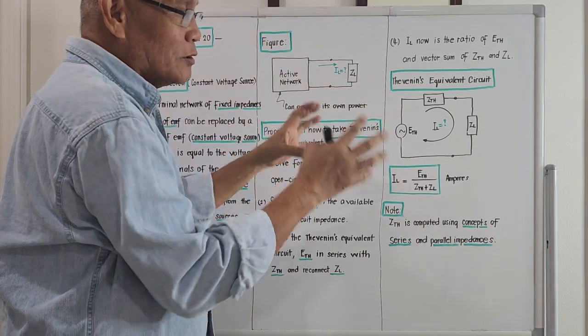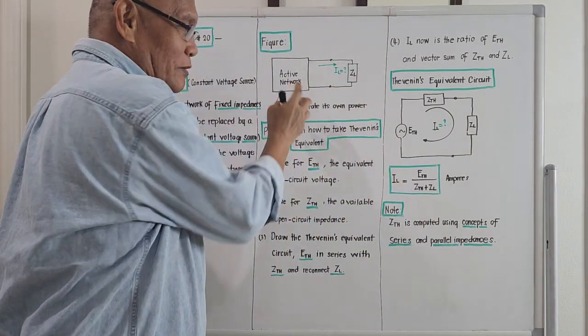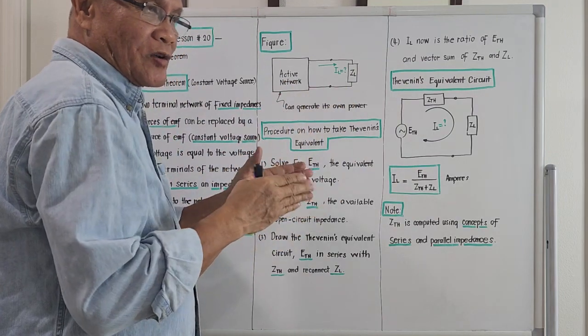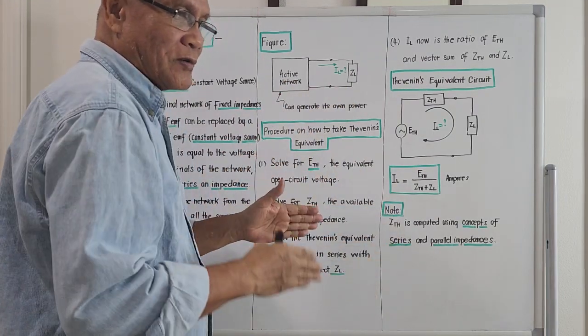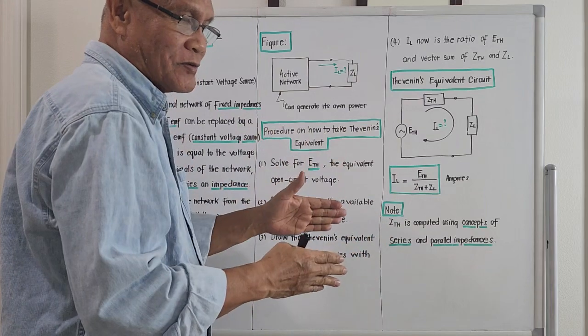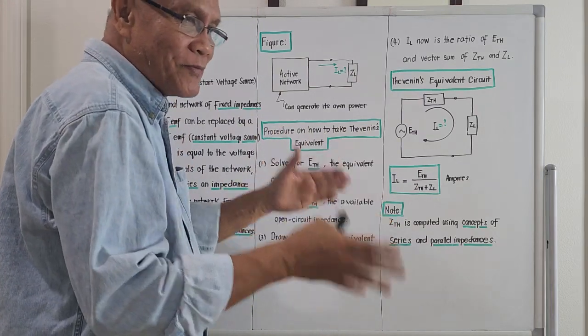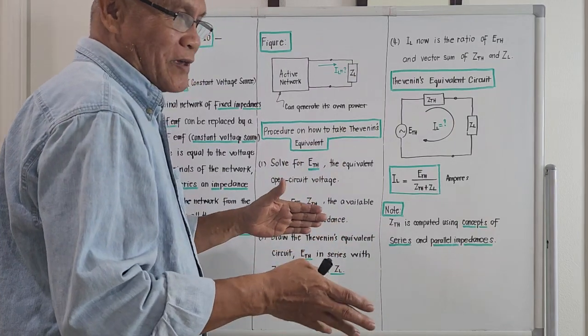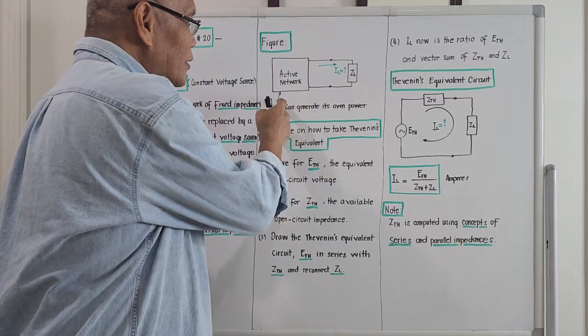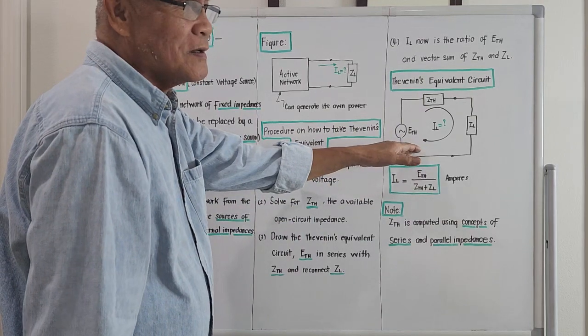We do not know anything about that active network, the one inside. There should be some voltage sources, there should be some impedances, but we do not know the nature of that one. So Mr. Thevenin simplified this active network into something like this.